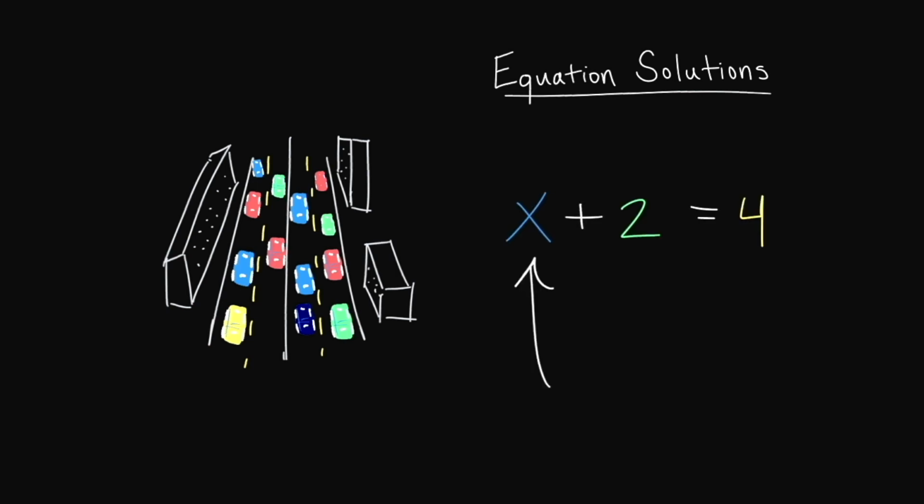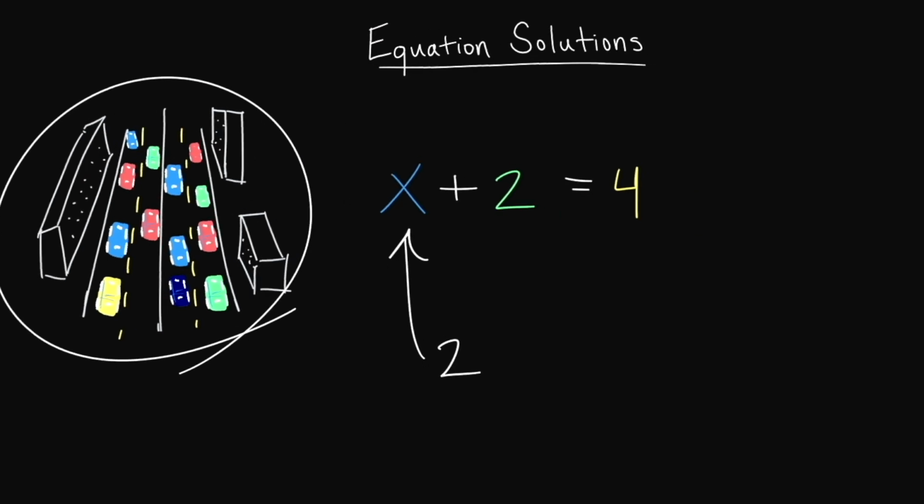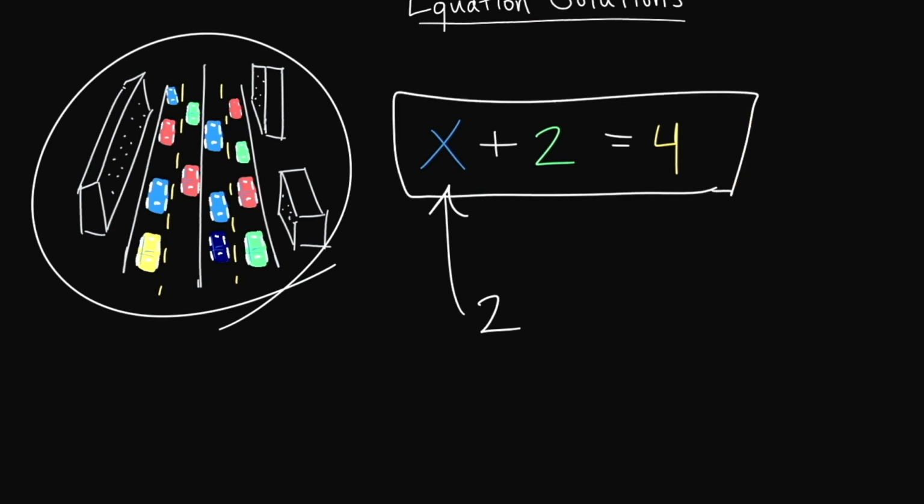So maybe x here is the number of lanes that we'd like to add to each road, and x may vary depending on the area of the city that we're in. So let's say here in our downtown situation, x equals 2. Well, in that case, that's great because this equation only has one solution, and that is 2.